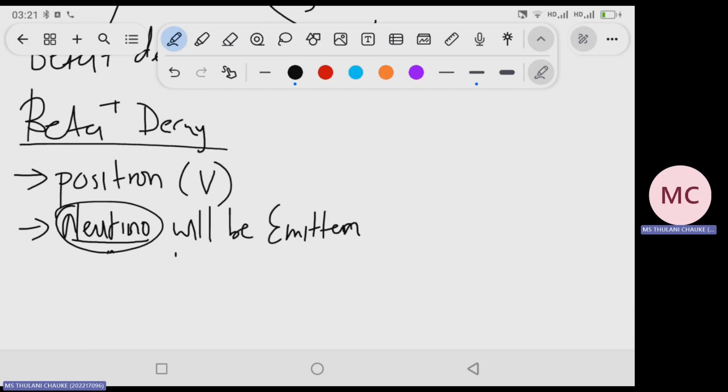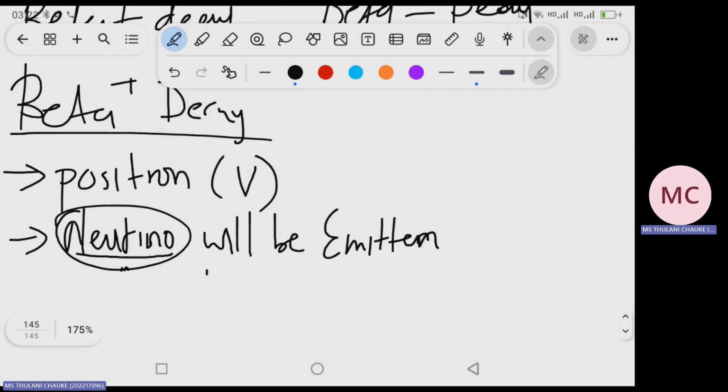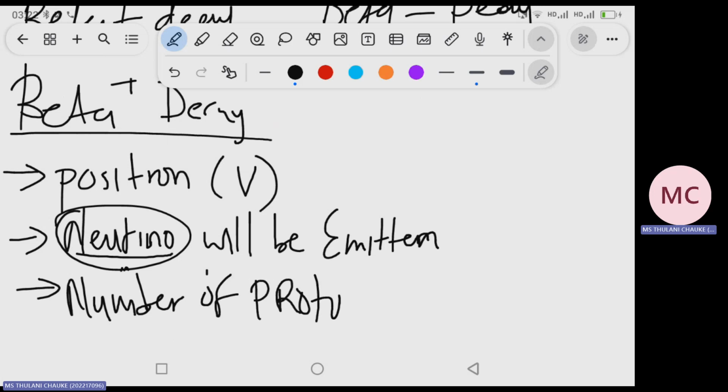And then another thing you have to know is that the number of neutrons will increase by one. Let's just say the number of protons will decrease. Yeah, write it here. The number of protons, which we represent by the letter Z, will decrease.